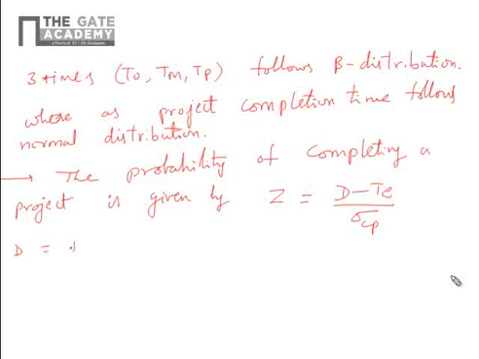D is the desired completion time of the project, T is the expected or critical path time estimate, or expected completion time.